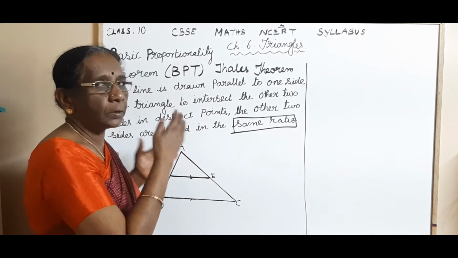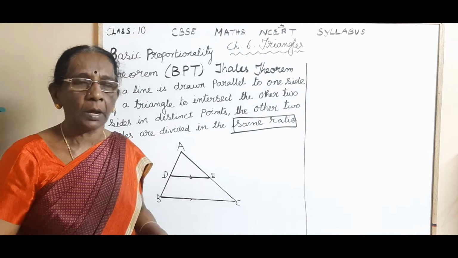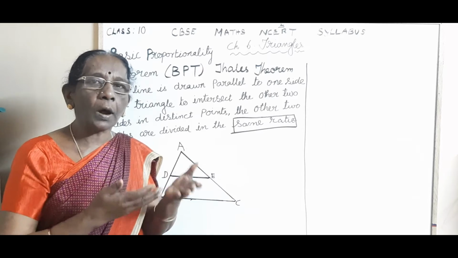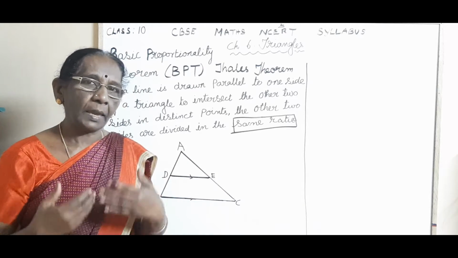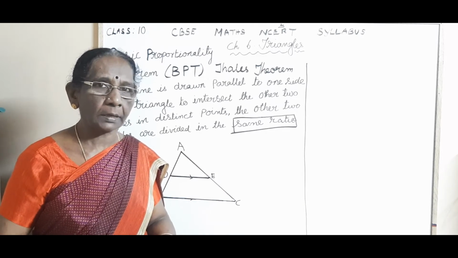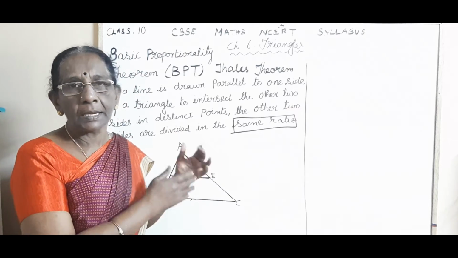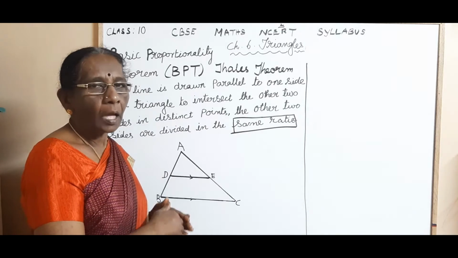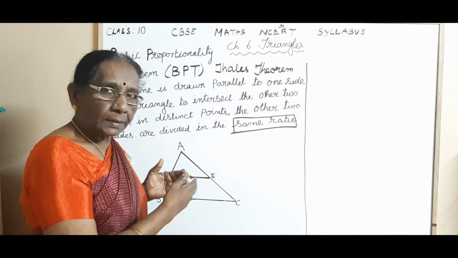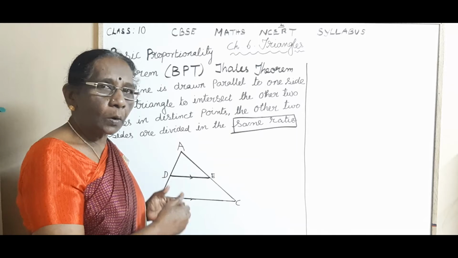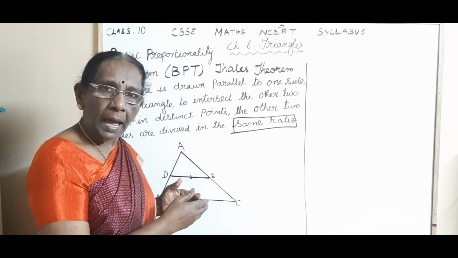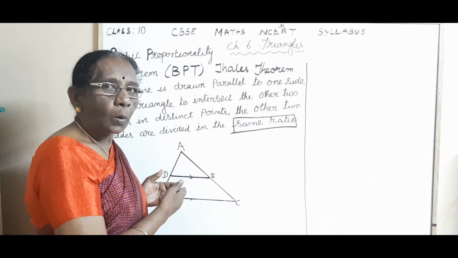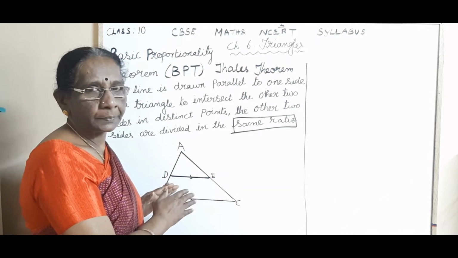When you are reading the statement of a theorem, we have to discuss what is given and what we have to prove. That only you have to select. So in this statement, it is given we have a triangle ABC with three sides, and we are drawing a line parallel to one side of the triangle.